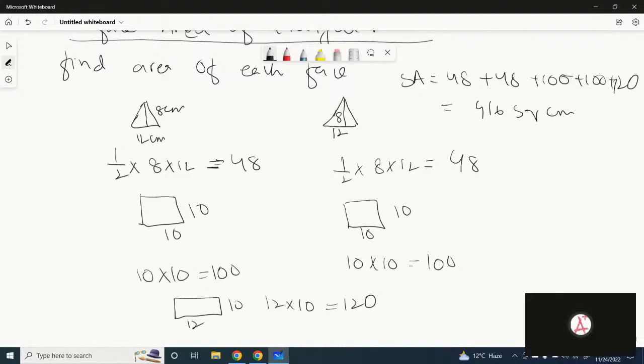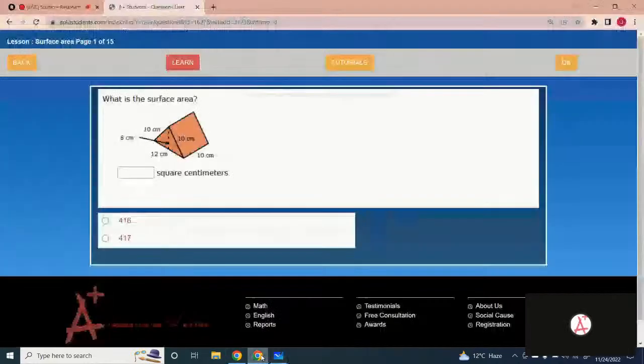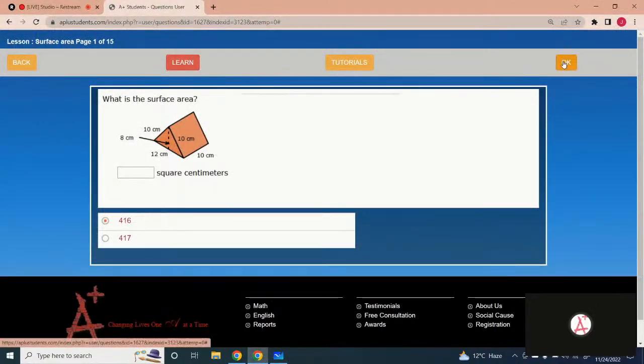This way you find the areas of all the faces separately, and then add them to find the surface area of the triangular prism. It is 416 square centimeter.